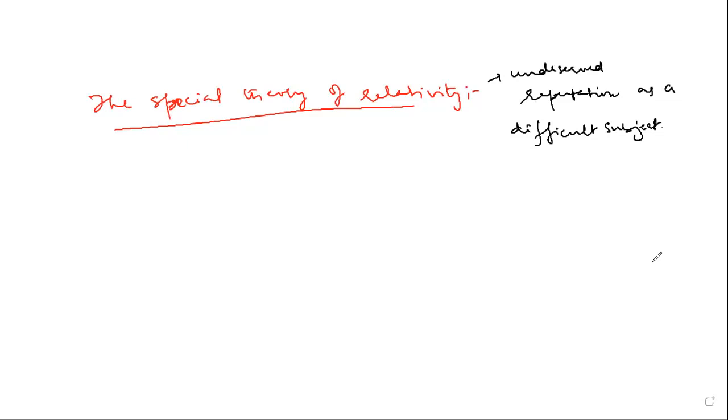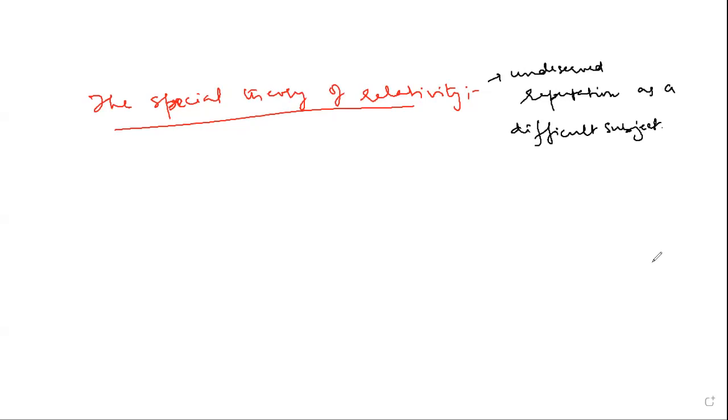Right? The most challenging aspect of special relativity is its insistence that we replace some of our ideas about space and time, which we have acquired through years of common sense experiences, with new ideas.